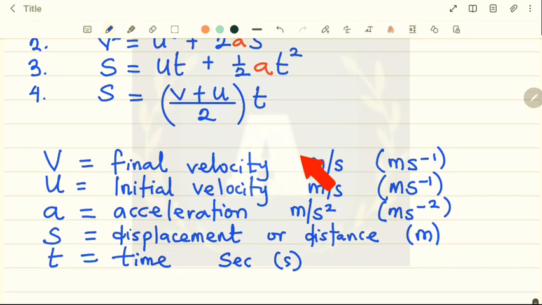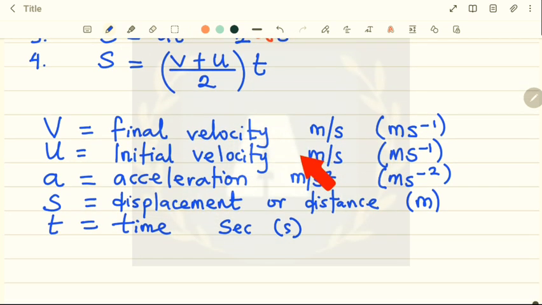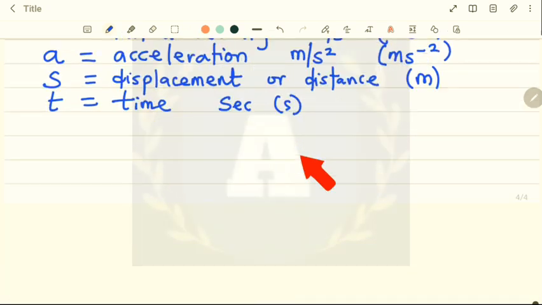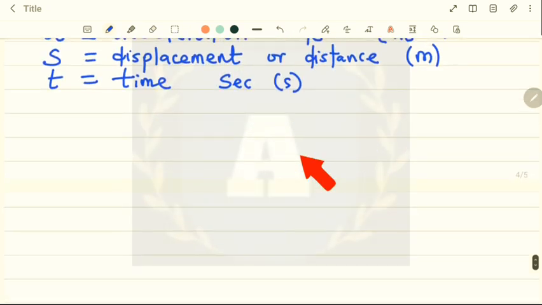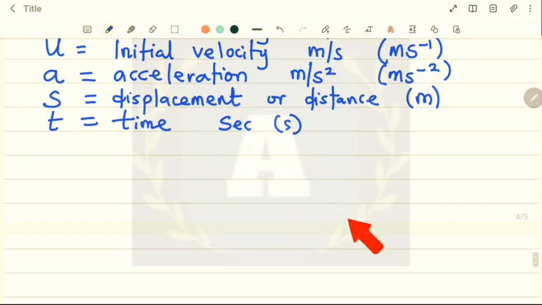Now, you have to note this. When a body starts from rest or accelerates uniformly from rest, the initial velocity U is always equal to 0. When an object is brought to rest or to a halt, the final velocity will always be 0.